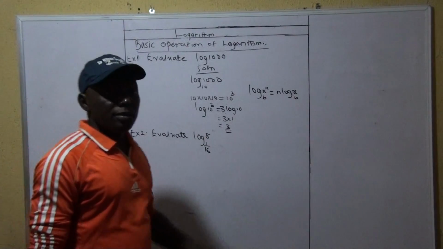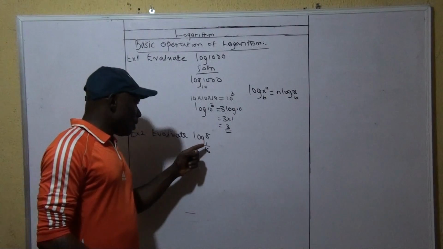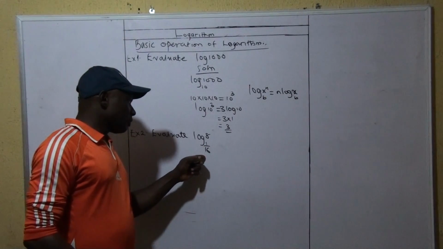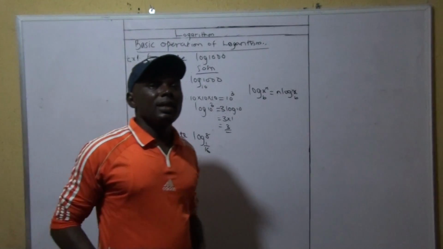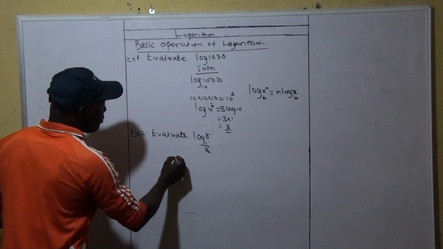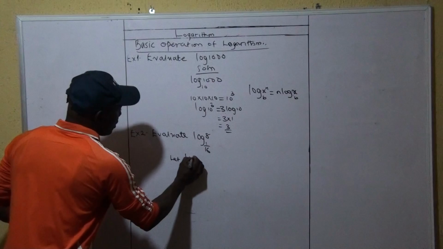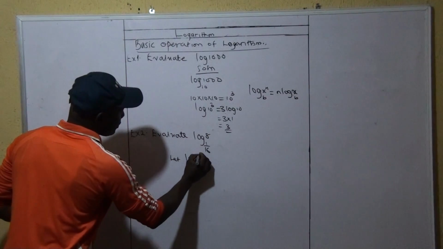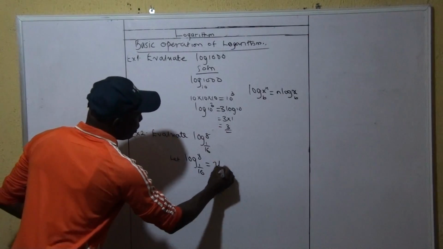If you look at this, you see the base now. We're going to ask ourselves, how many times are we going to raise 1/16 to obtain 8? That I cannot state. But in this case, what you do is you say suppose, or let us assume that log 8 to base 1/16 is equal to u.